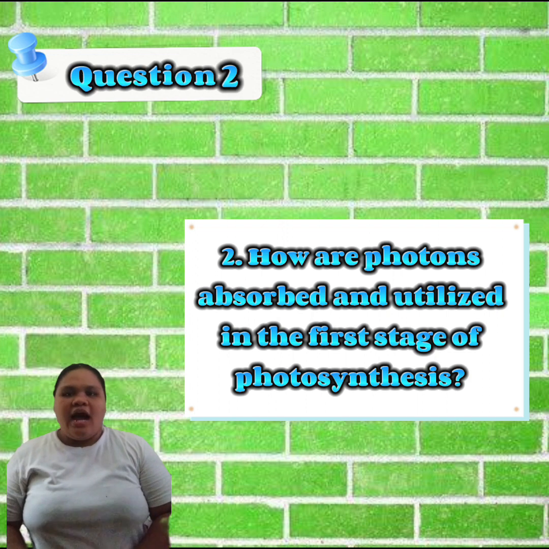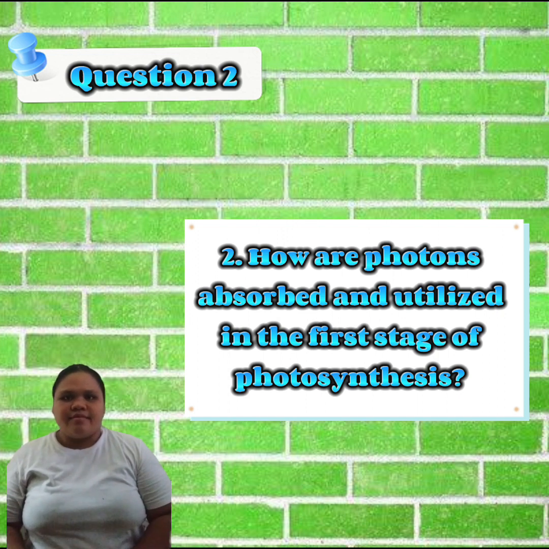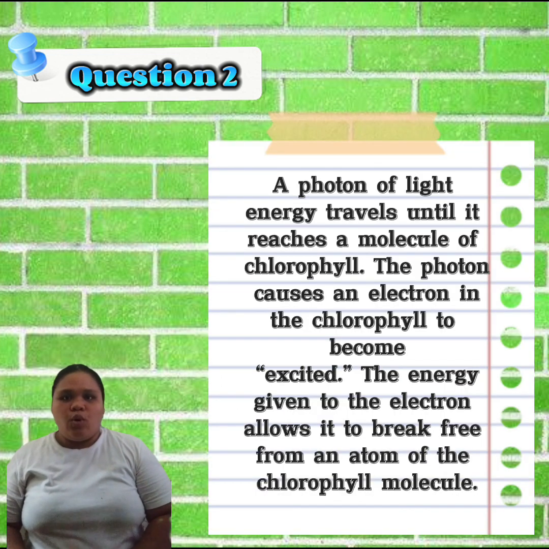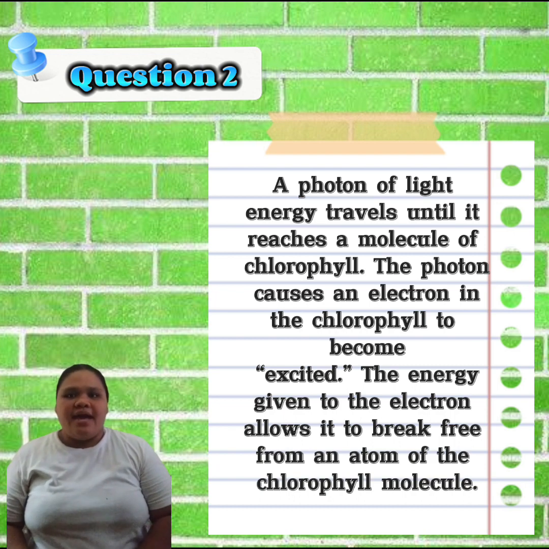Question number 2. How are photons absorbed and utilized in the first stage of photosynthesis? Photons with the proper wavelengths strike and are absorbed by the pigment protein complexes organized on the thylakoid membranes of the plants when exposed to light.